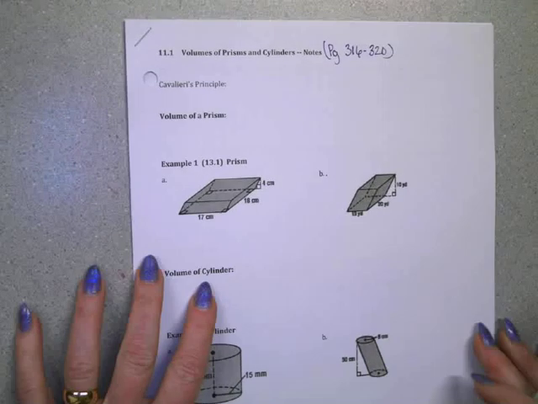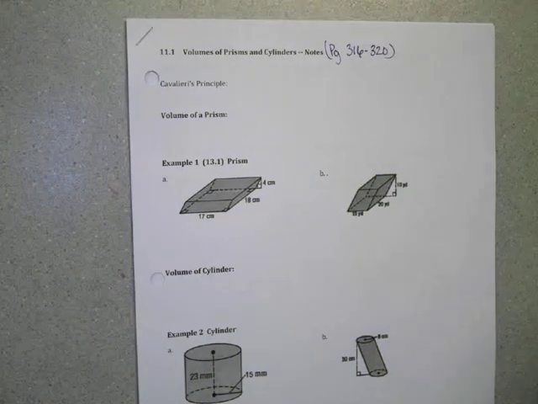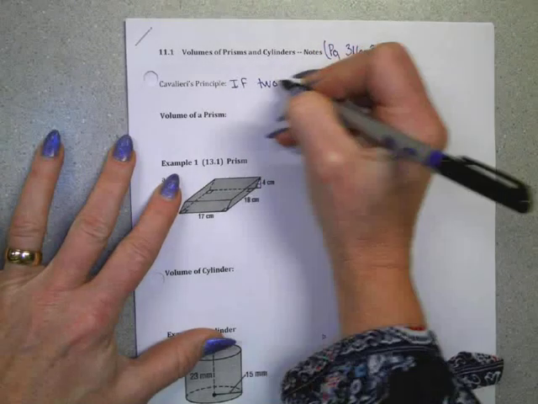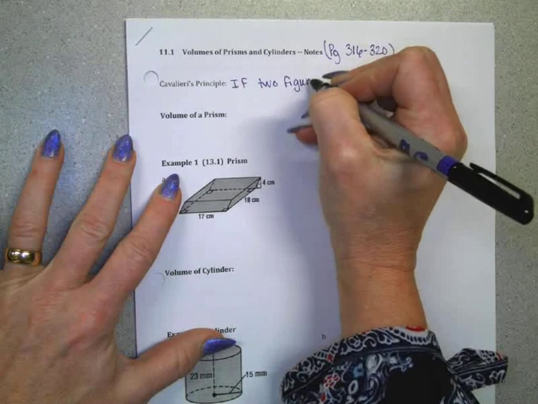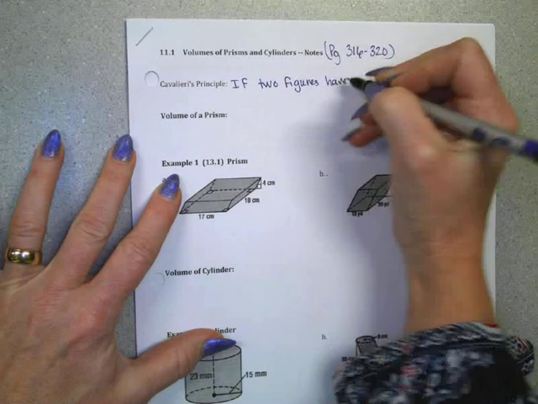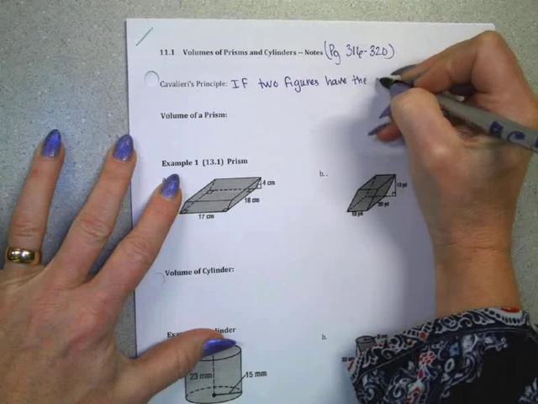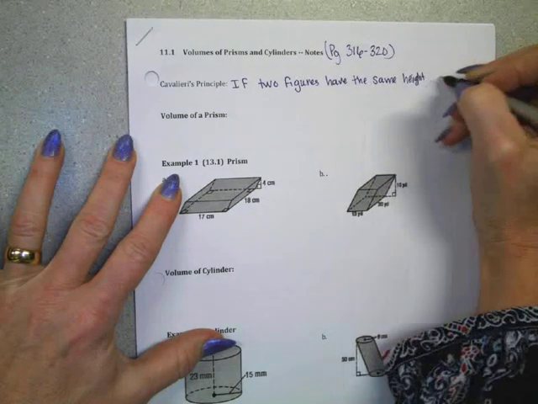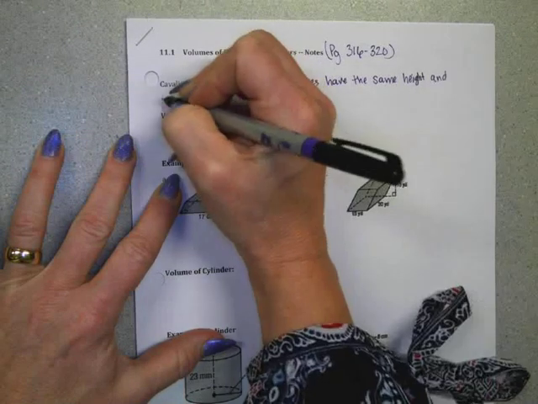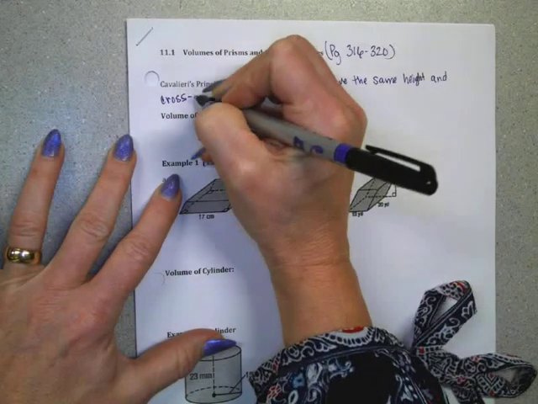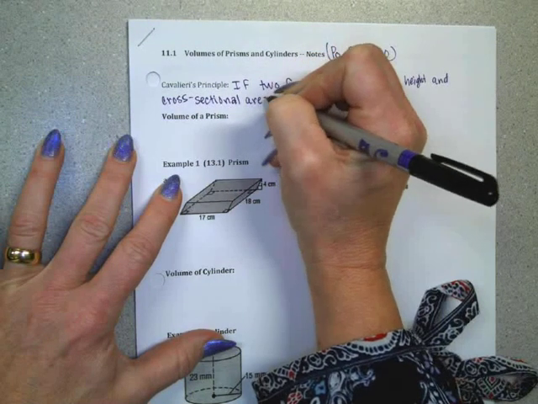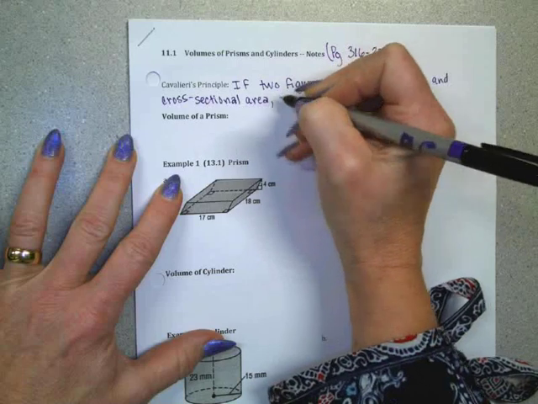So if you'll go to the note packet, Cavalieri's principle says that if 2 figures have the same height and also cross-sectional area, then they'll have the same volume.